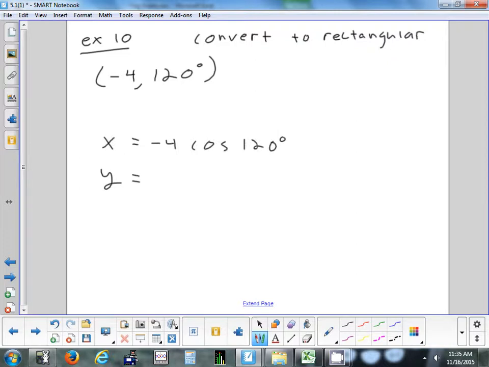Looks good. Nathan, what'd you get for your formula for y? -4 sine 120. That's good. And then when we get x, Andy, what'd you get for x? 2. Yep, that one came out exact. And how about Brandon, what'd you get for y? -3.46. That one's a decimal, so just round to 2 places. And lastly, make sure you write it as a coordinate.